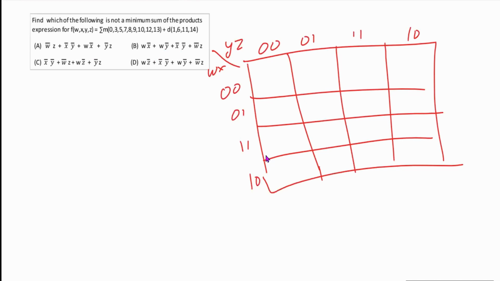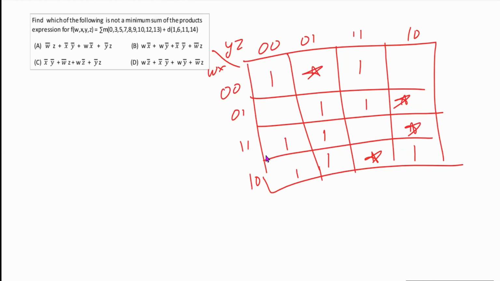Now you need to substitute these values. First I am substituting the sum of product minterms. If I substitute the don't care conditions, I will get don't care here, here, here, and at 11 also. These four are don't cares and these are the locations of one.